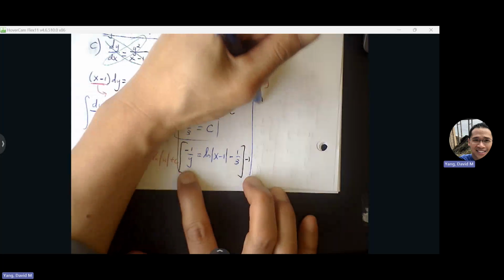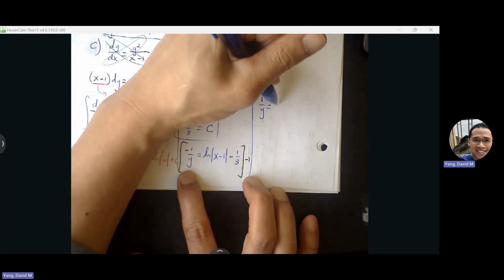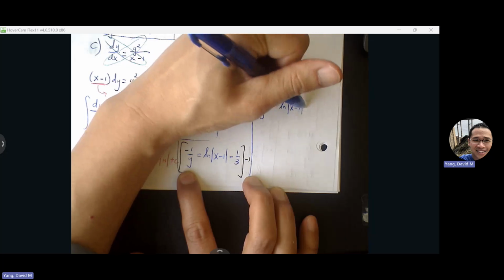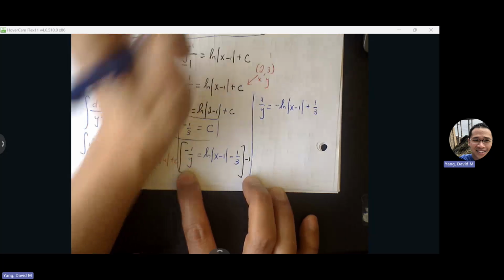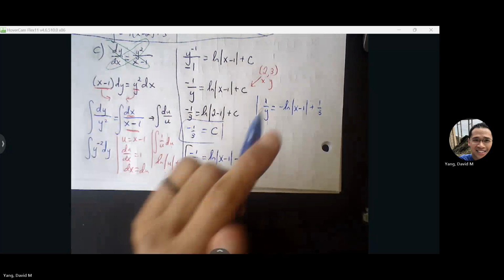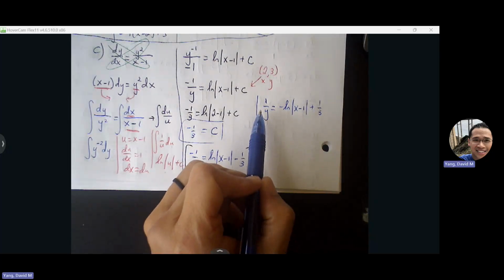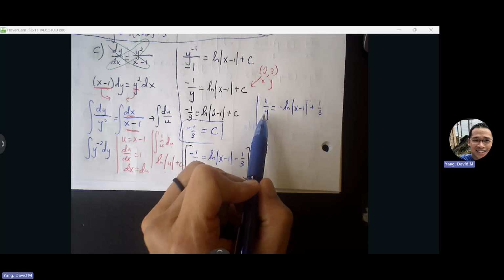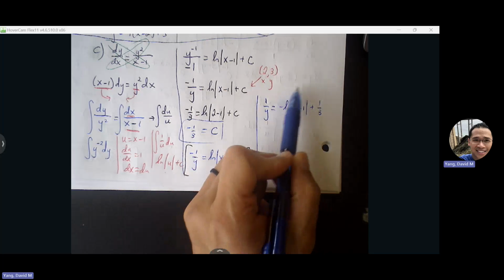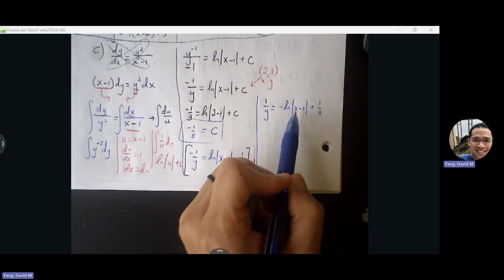So I get a positive 1 over y is equal to negative natural log of x minus 1 plus a third. Now, I see that to get y by itself, I just need to flip that numerator and denominator, right? But if I flip that numerator and denominator, that means I need to flip this side as well.